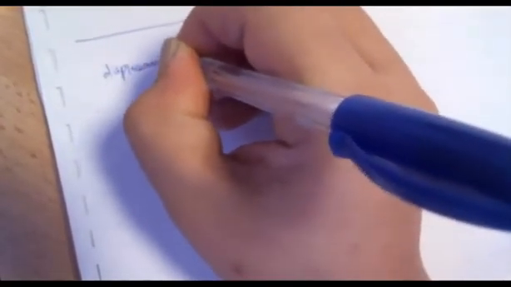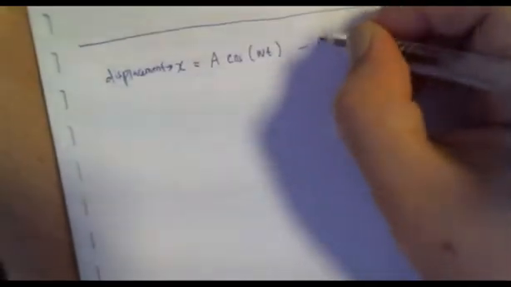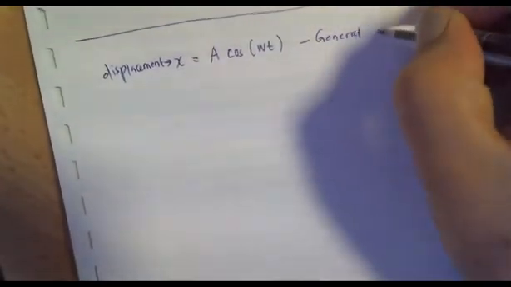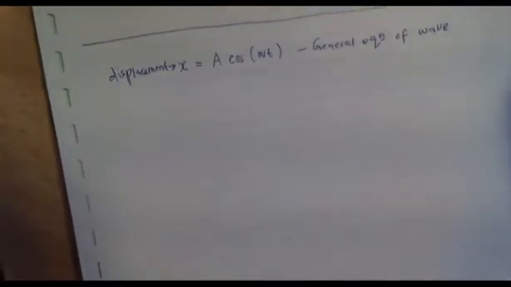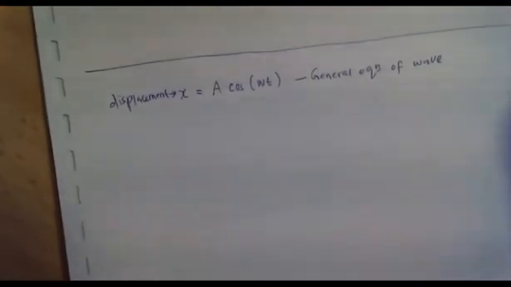This is the equation of displacement, also known as the general equation of wave. When you know how to derive the displacement to get the velocity and the acceleration, you should have no problem answering these questions.